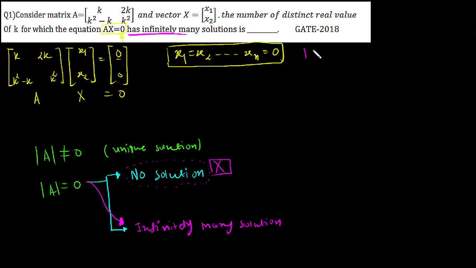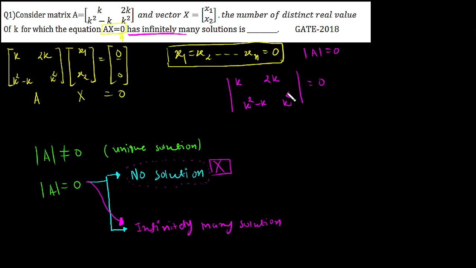So now let's do it here. Since this matrix A is 2 cross 2, it is easy to find the determinant of such a matrix.